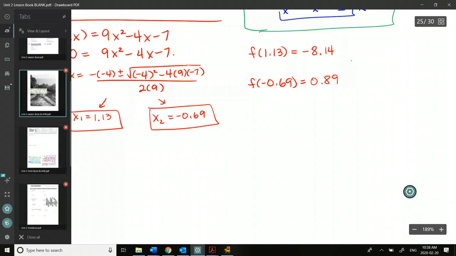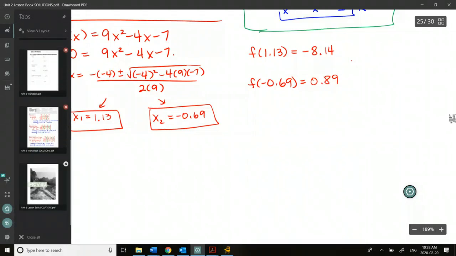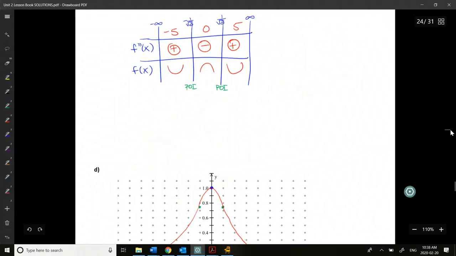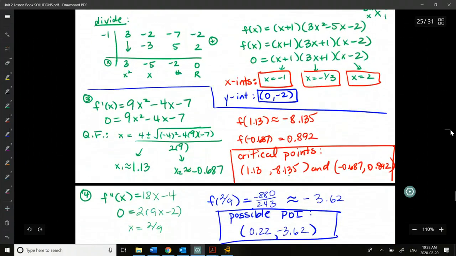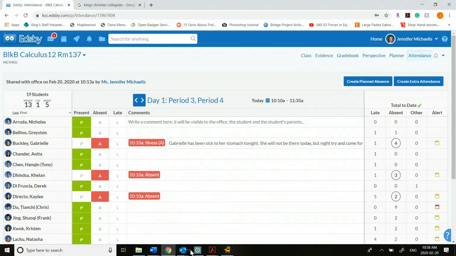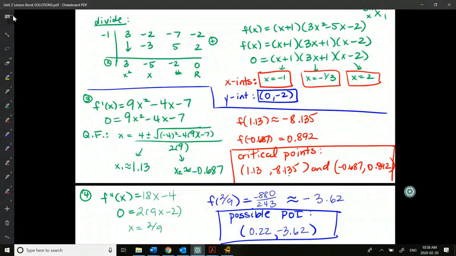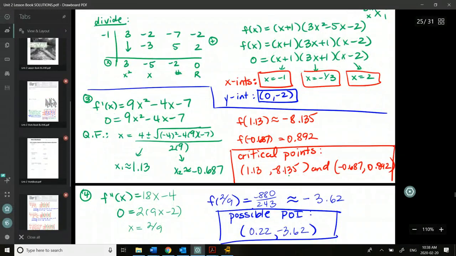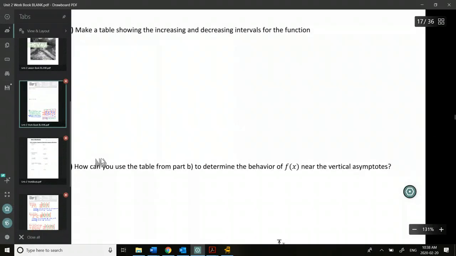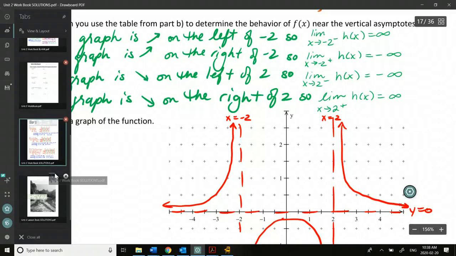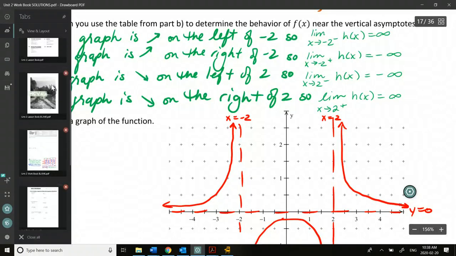Let's just double check here. Oh, here we go. It's right here. Lovely. Looks good. Sorry, I lost my spot. There we go.